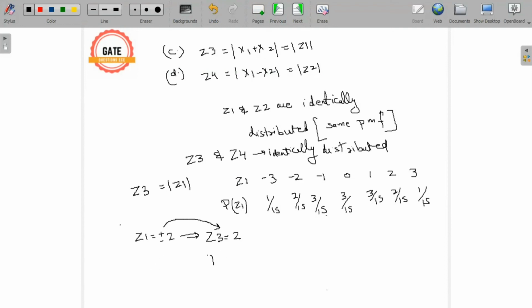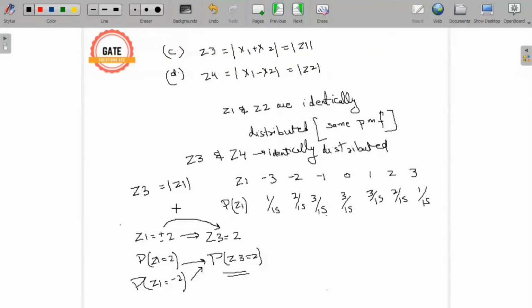So probability of Z3 is equal to 2 will be sum of probabilities that Z1 is equal to 2 and probability that Z1 is equal to minus 2. These two will be added here to calculate the probability that Z3 is equal to 2.